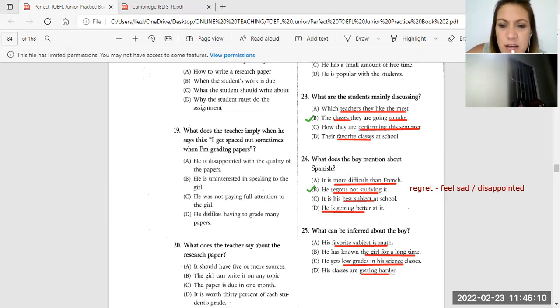Okay, what is he saying here? His favorite subject is maths. He knows the girl for a long time. He gets low grades, or the work is getting harder.